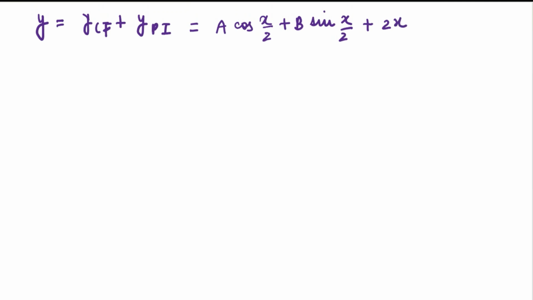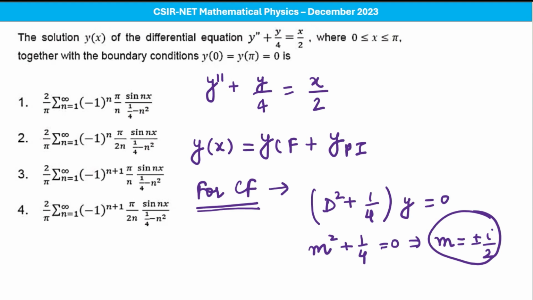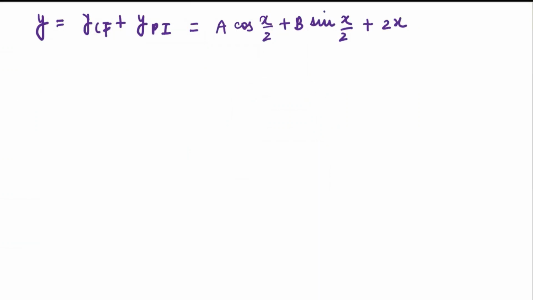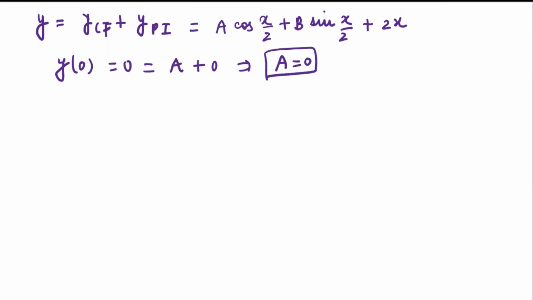Now we can apply the boundary conditions: y at 0 and y at pi is 0. So y at x is equals to 0 is 0, which is a plus 0, which gives us a is equals to 0.